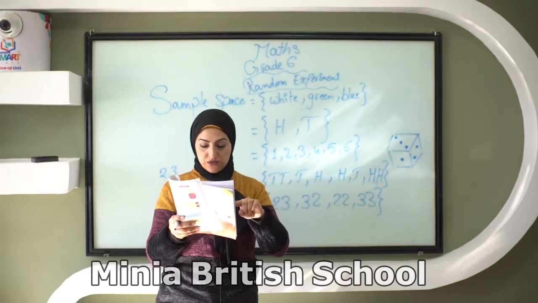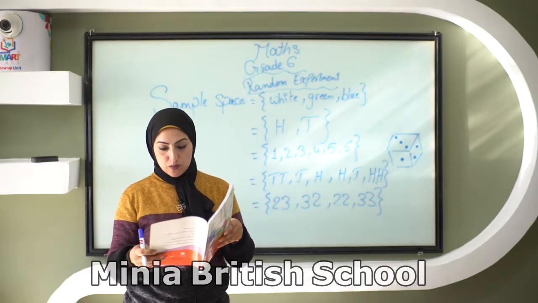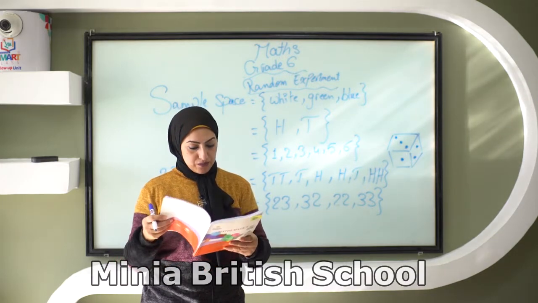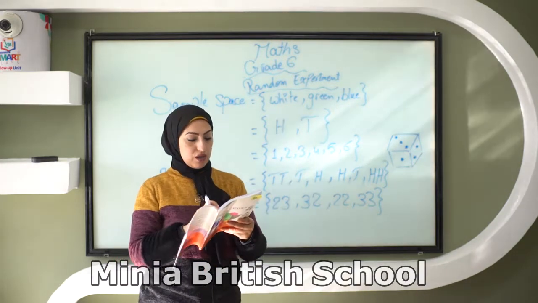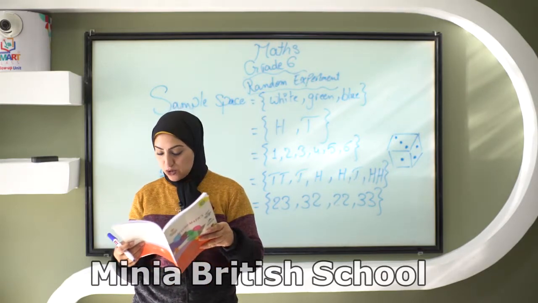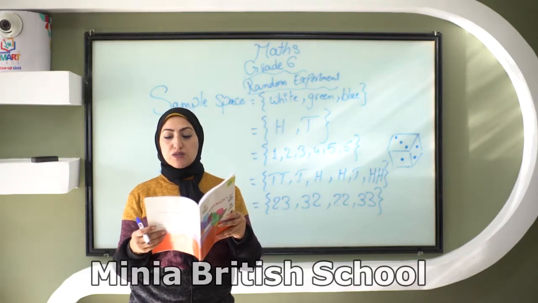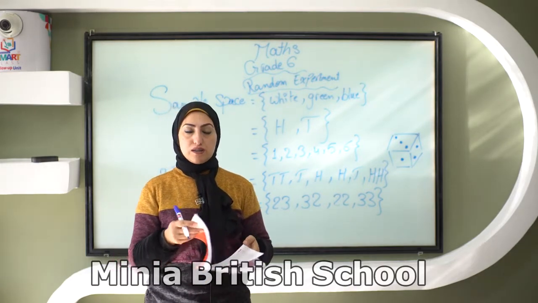The definition is in page 100, follow me. Also, write the definition of sample space, which is in page 101: the set of all possible outcomes for a random experiment.